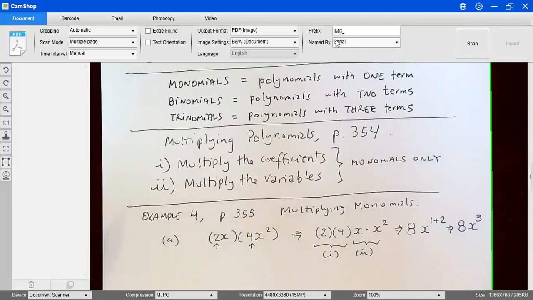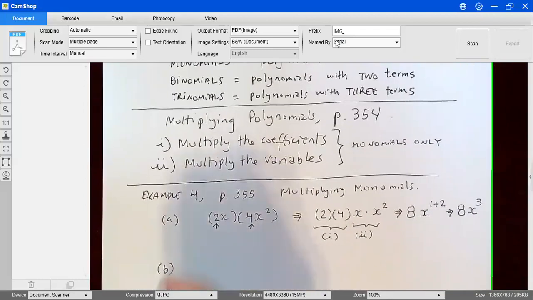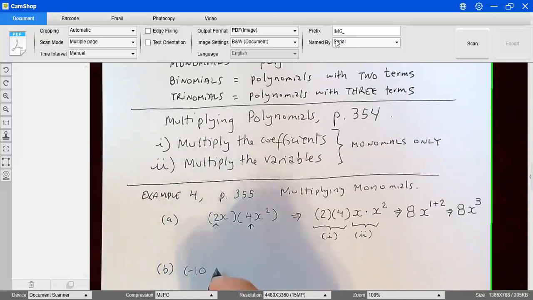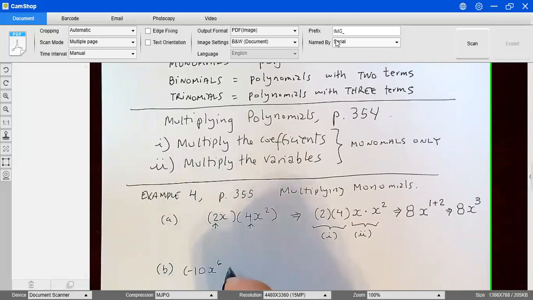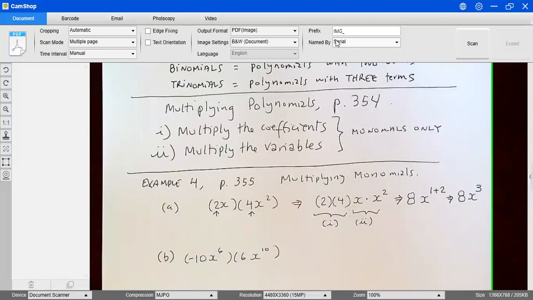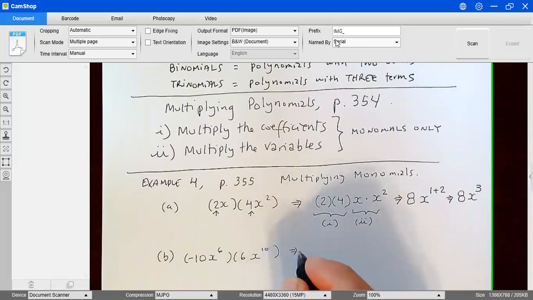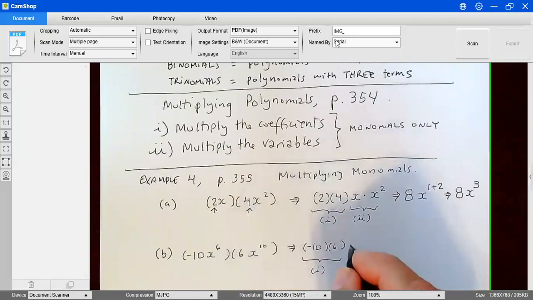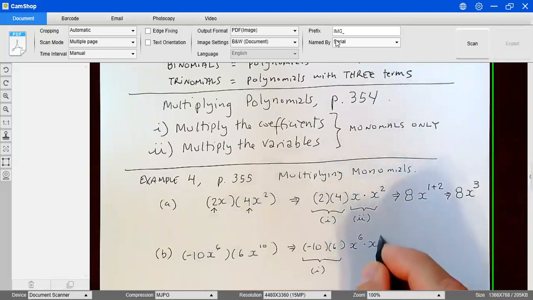Let's work on one more case where we're going to multiply monomials. So I have negative 10x to the 6 multiplying 6x to the 10. So first we multiply coefficients. So coefficients are negative 10 and positive 6. This is the first part. The second part, we multiply variables x to the 6 and x to the 10.